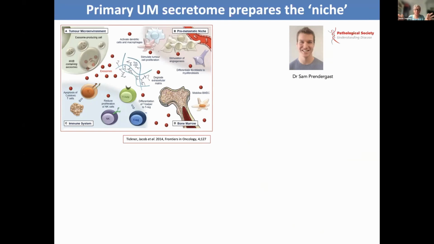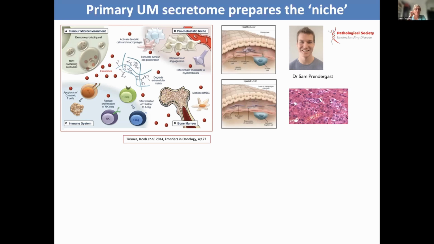And this was a whole area of research at this time, and where it was thought, and continues to be the hypothesis, that tumor cells secrete secretomes which pass into the blood or into the lymphatics, and they prepare the metastatic niche of the tumors.